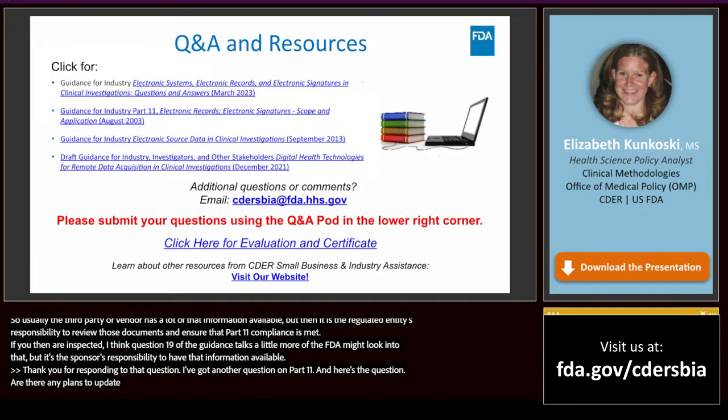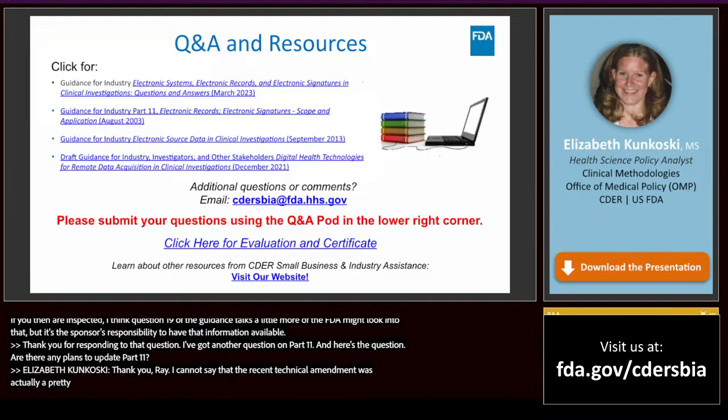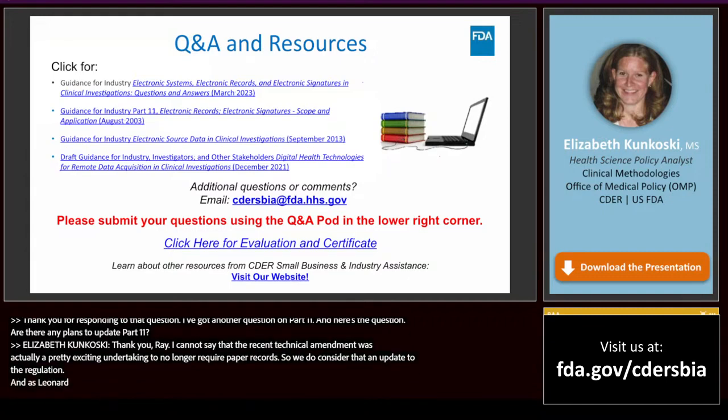Thank you, Ray. I can say that the recent technical amendment was actually a pretty exciting undertaking to no longer require paper records. So we do consider that an update to the regulation. And as Leonard mentioned, Part 11 is more than 20 years old. A lot of changes have taken place in the electronic world since then.